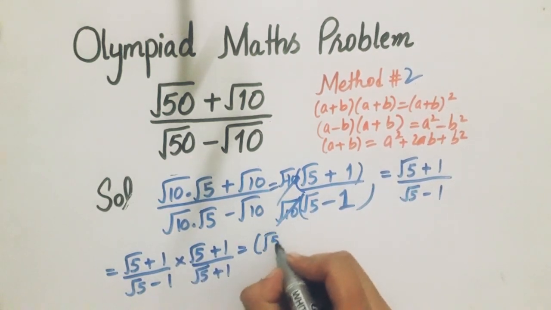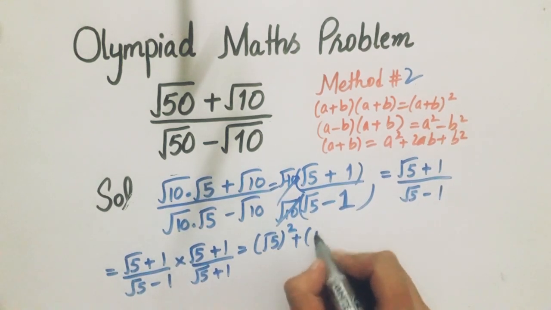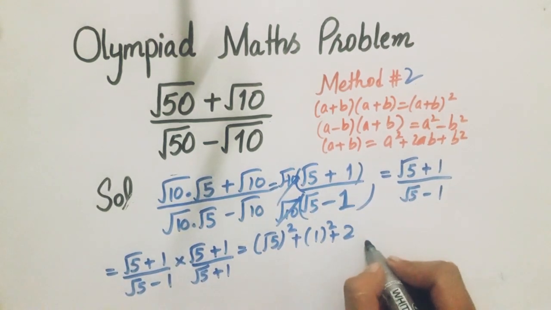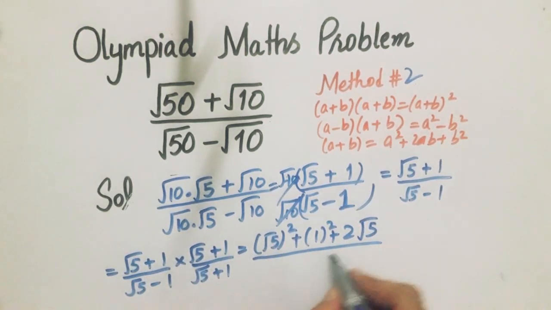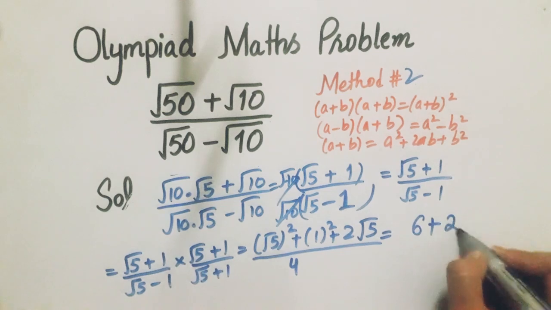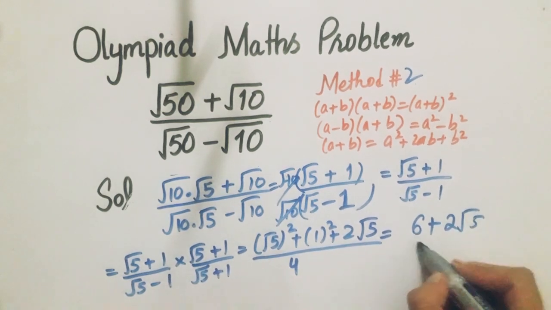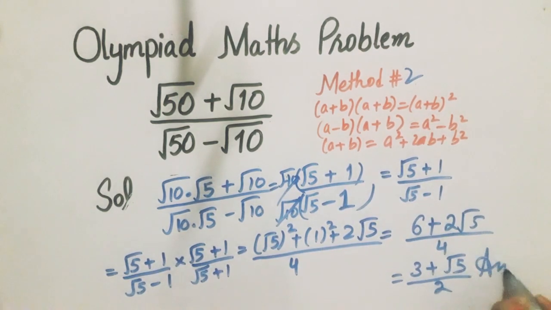According to that, square root 5 square plus 1 square plus 2 into ab, means square root 5, divided by 5 minus 1, that is 4. So 6 plus 2 square root 5, divided by 4. Now we will take 2 as common, so we get 3 plus square root 5 by 2. This will be the answer.